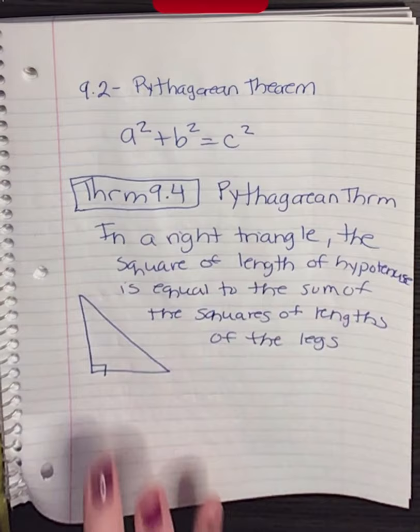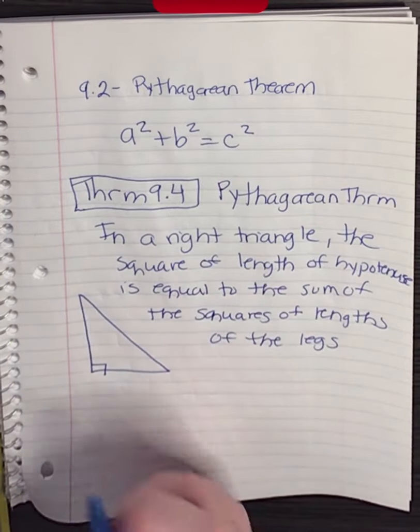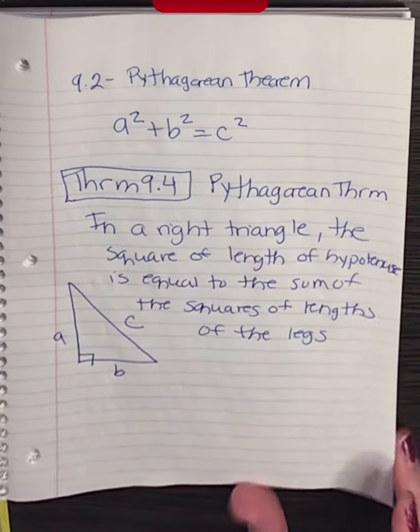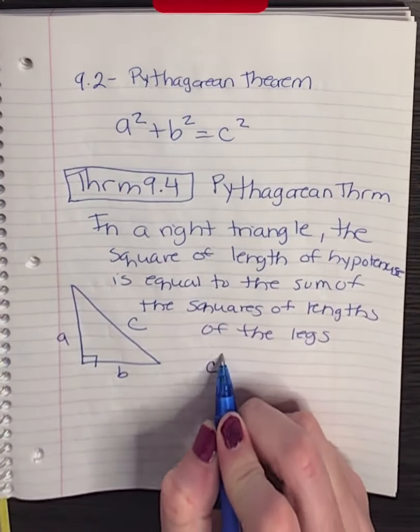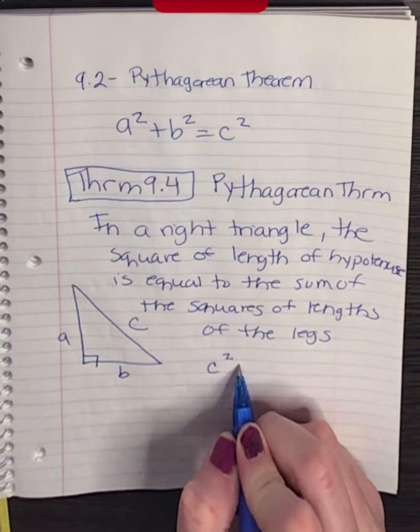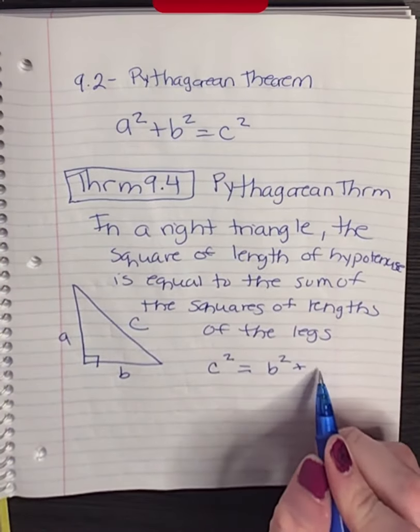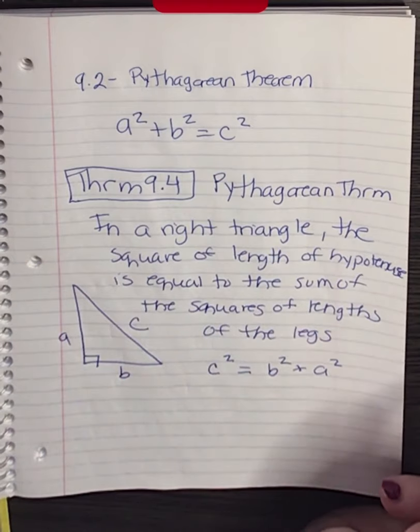Right, so here's your right triangle. We call these sides A and B as our legs and C as the hypotenuse. So the length of the hypotenuse squared is equal to the sum of the squares of the lengths of the legs.